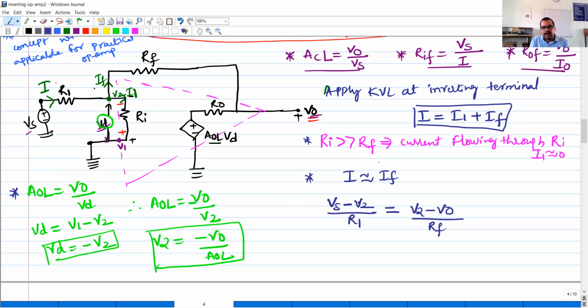Here we know the value of V2, so I want to substitute that one. Vs minus V2, where V2 is minus V0 by AOL, by R1 is equal to minus V0 by AOL minus V0 by RF.